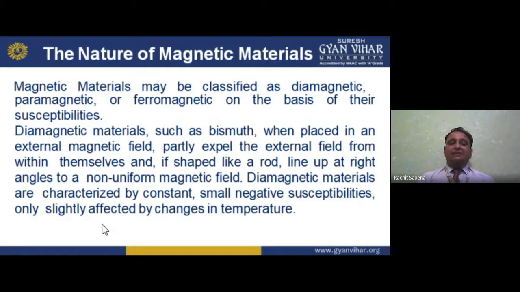Now the diamagnetic materials, such as bismuth. If I'm talking about bismuth, my dear student, that is a diamagnetic material.